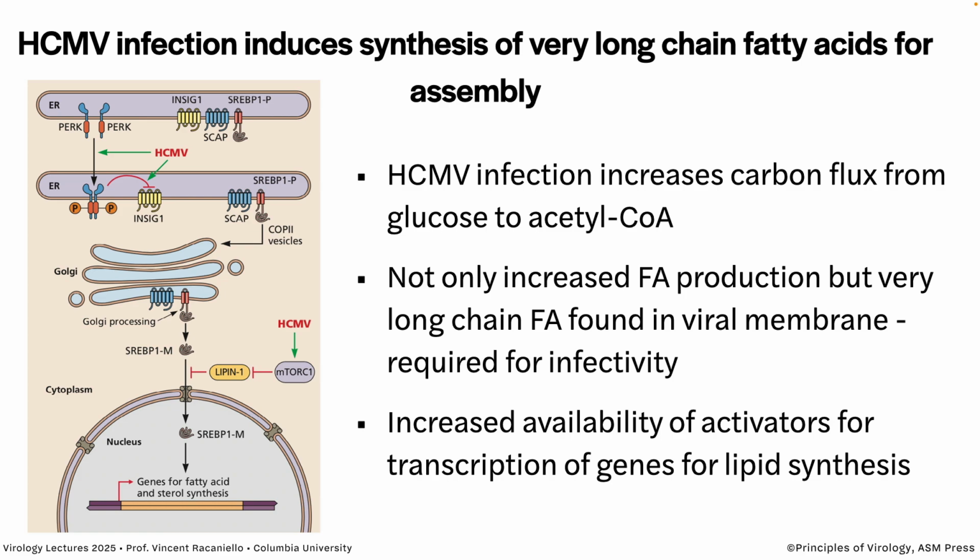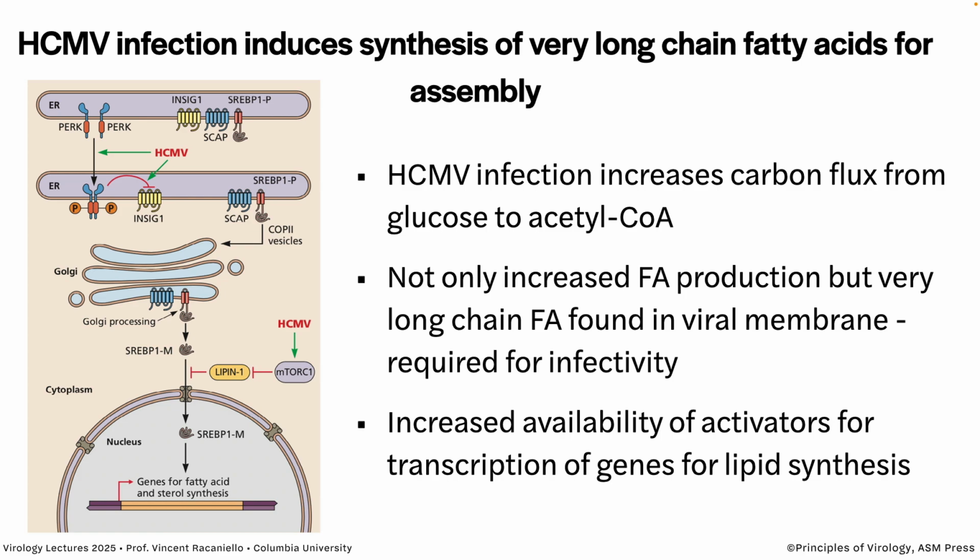It proceeds through the Golgi where the active part gets cut off. You see these two transmembrane portions serve to anchor it through the Golgi, and then once you've reached the far part of the Golgi, it can be cleaved, and now you have the SREBP1, which goes in the nucleus and turns on fatty acid synthesis.